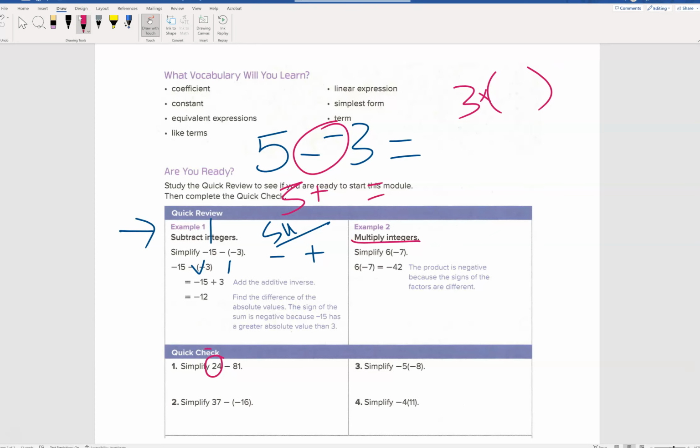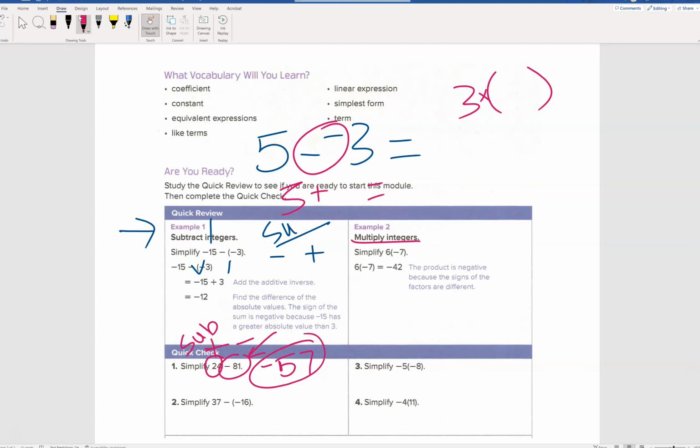There's no symbol, therefore it is a positive. The 81, what's in front of it? A negative. So according to our rules, a negative and a positive means that we have to subtract. So if we are subtracting, we're going to end up with 57. But we always need to take the sign of the bigger number. Well, in this case, the 81 was the bigger number, not 24, and it's a negative. So we are going to put -57.